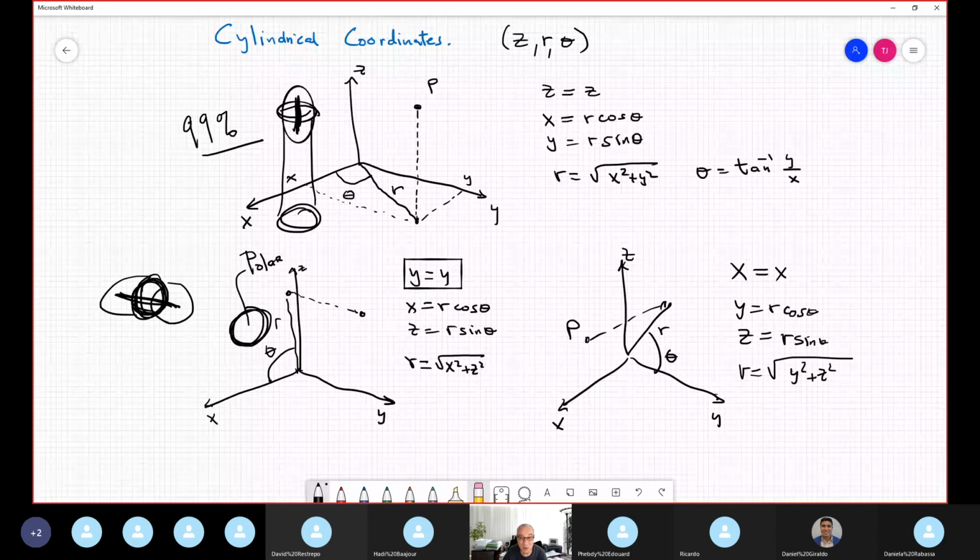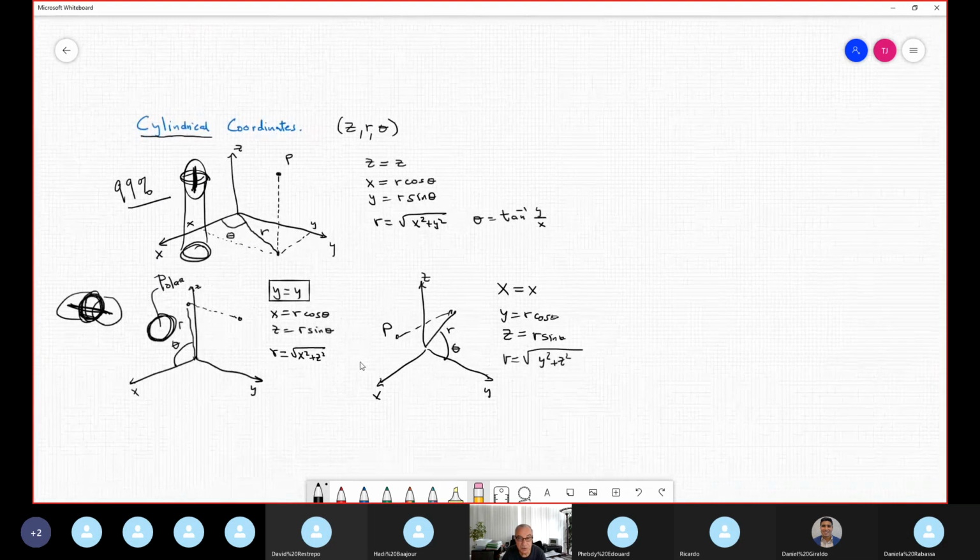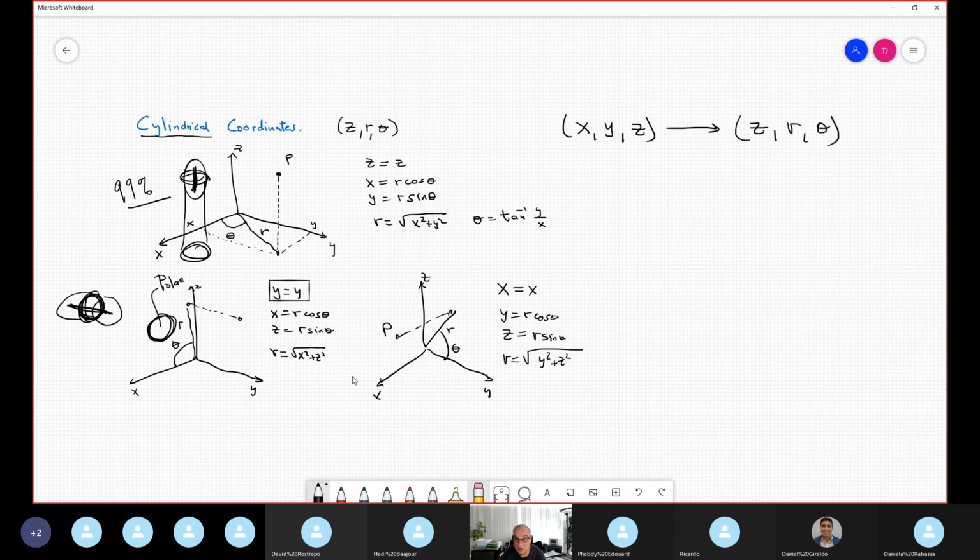Okay, so cylindrical. What is the reason it is called cylindrical? Well, look, it is because you convert the classical three-dimensional x, y, z to, for example, z, r, theta. Suppose that z stays the same.